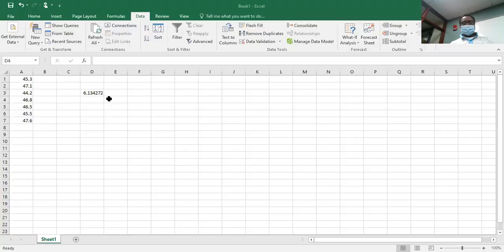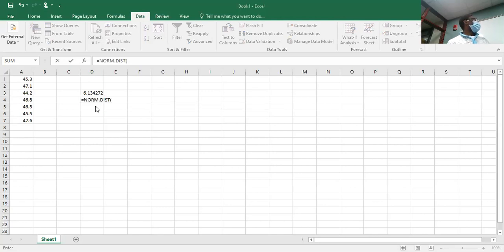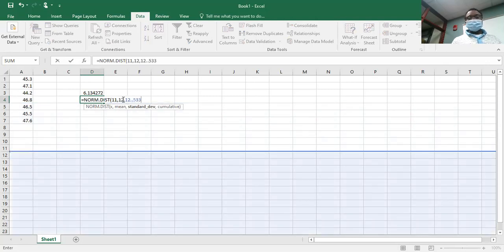If we are using Excel, we will say equal to normal distribution. And we have 11. I can just write 11, 12. The mean is 12. The standard deviation is 0.533. True.